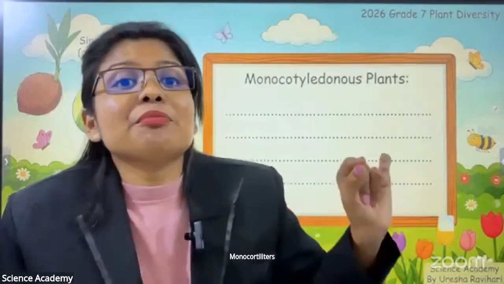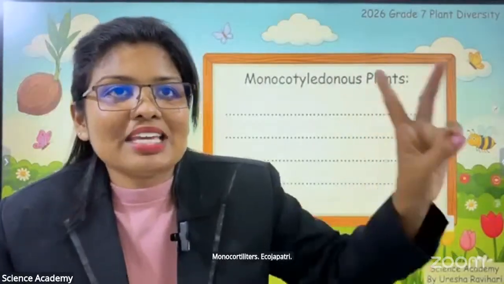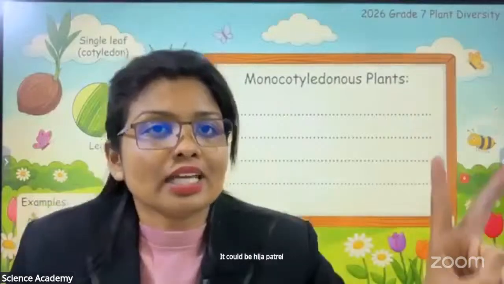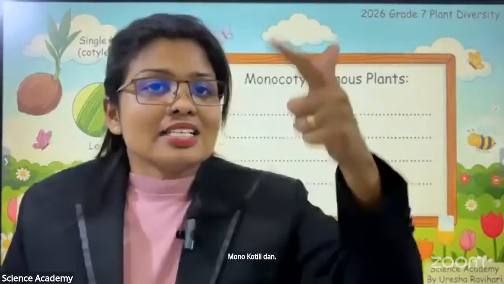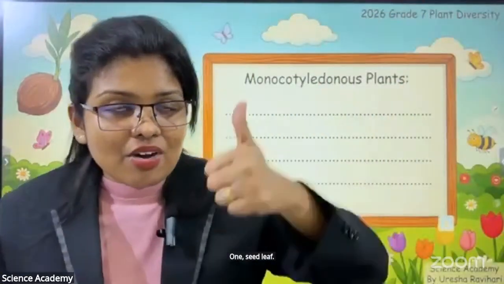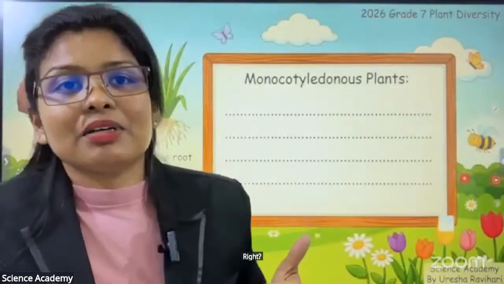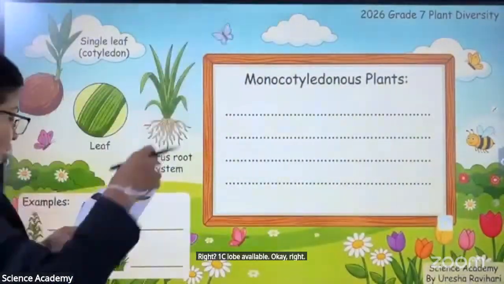Monocotyledon, one seed leaf. One seed lobe available. Right. Here you can write down the definition.